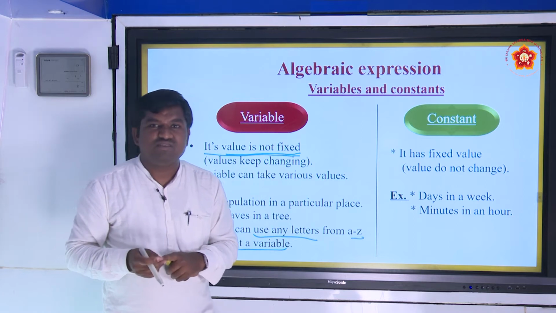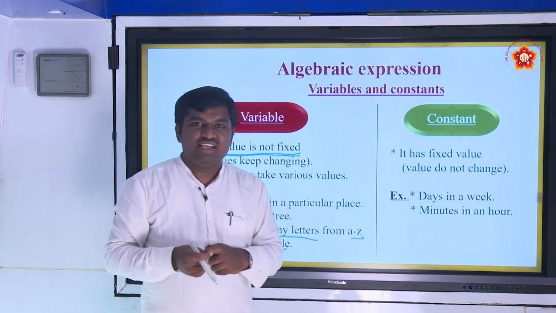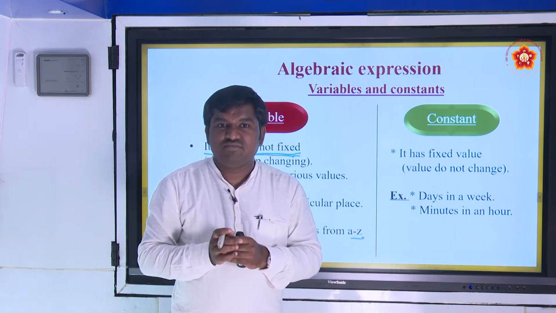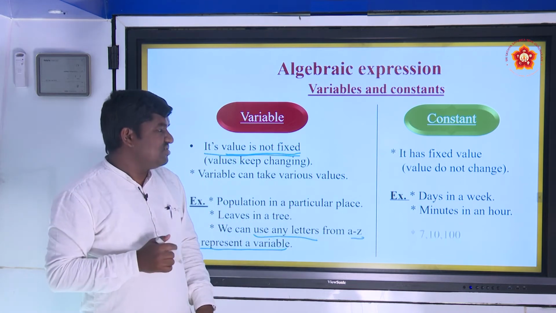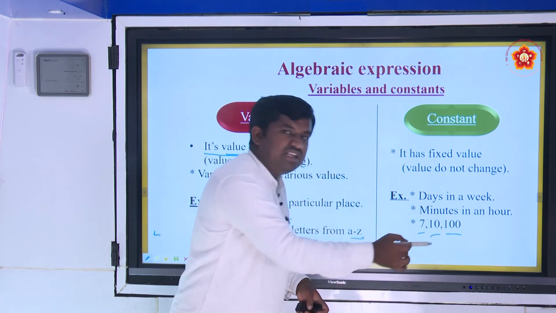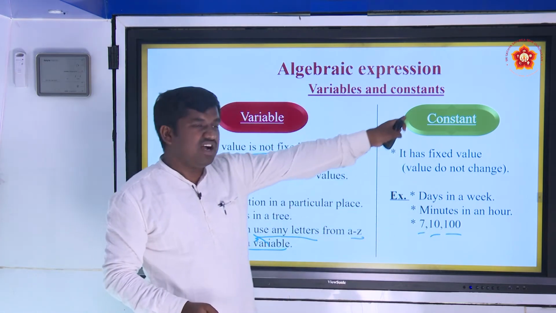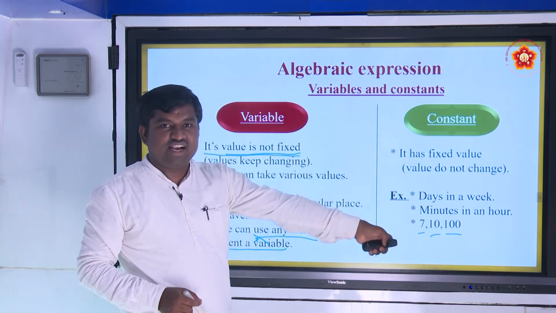How many minutes in 1 hour? 60 minutes. Does it change from time to time? No, it's a constant. So 7, 10, 100, 1000, these are all constants, very good examples for constant.